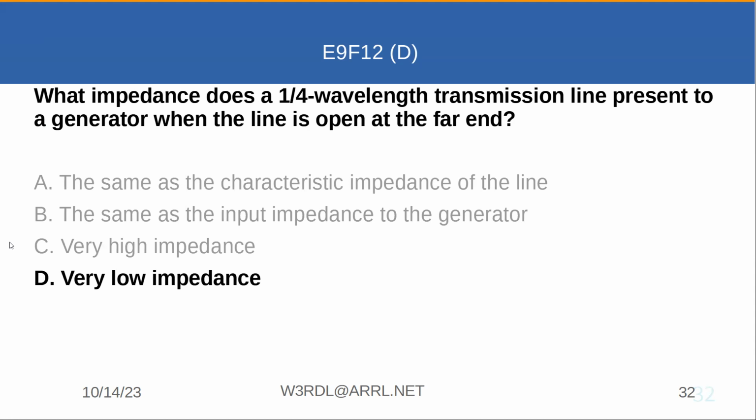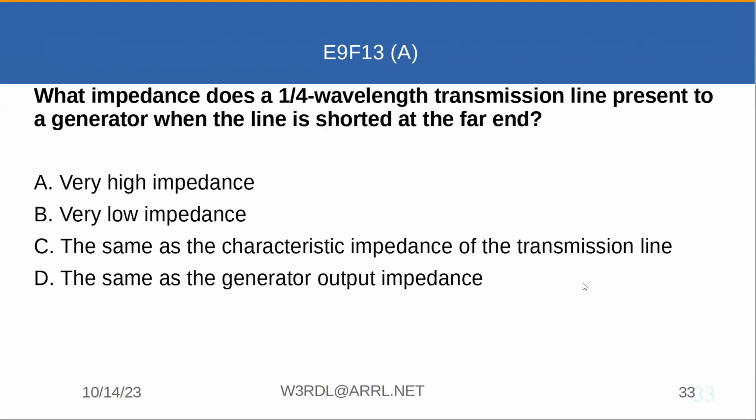If it's open, a quarter wave down the line, it's going to be low impedance. What about if it's shorted? It's always just the opposite. So you get halfway, then it flips. So what impedance does a quarter wave present when the line is shorted at the far end?